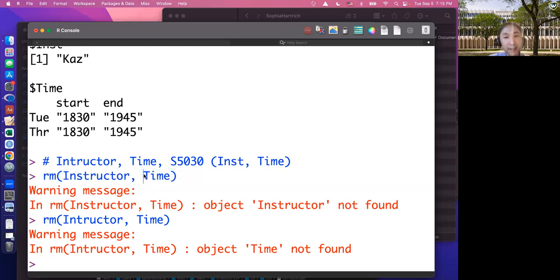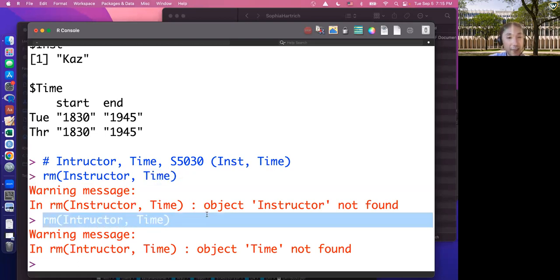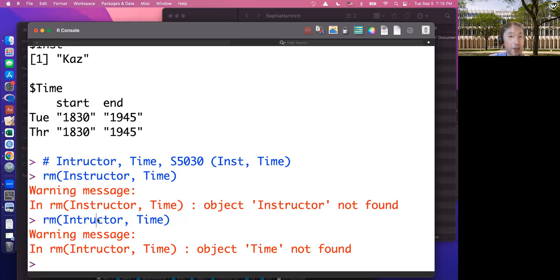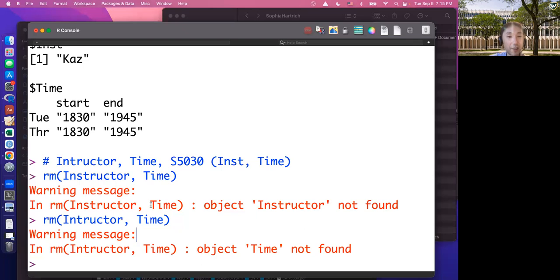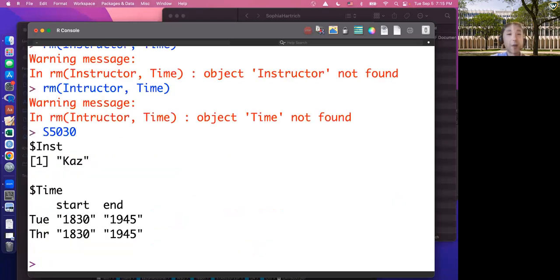And actually the R already eliminated the time object here. So once again, I deleted the objects, and the interactor has been deleted, but the time has already been removed. So that we got another warning message. But now we have eliminated both time and interactor. So now we only have the S5030 object.